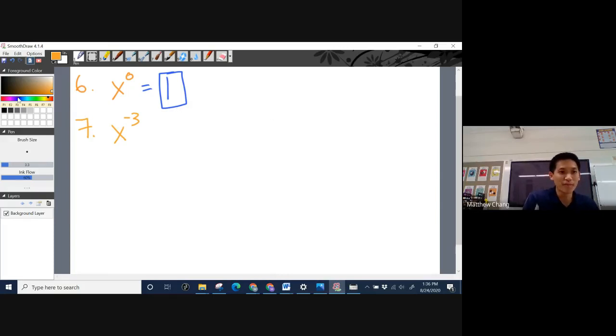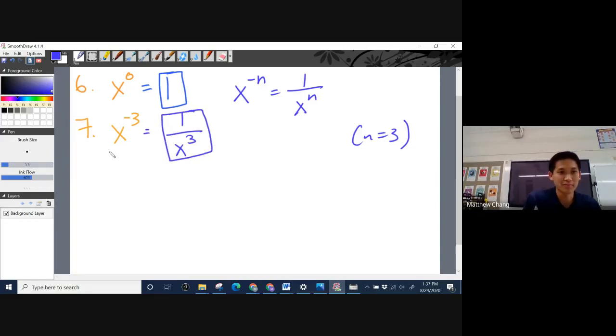There's a rule for negative exponents that says x raised to negative n is the same thing as 1 over x raised to n. In this case, n is 3. So what we do to simplify this is just 1 over x cubed. That's it.